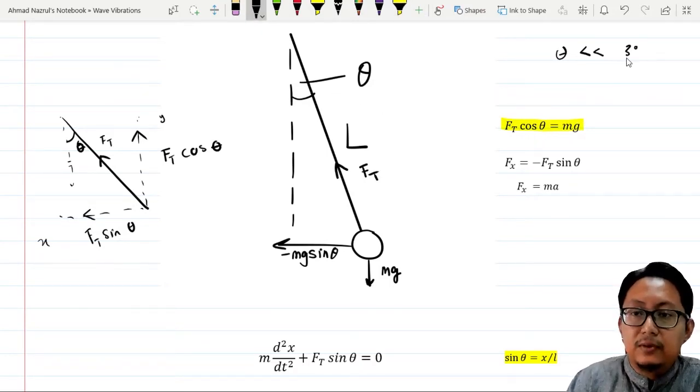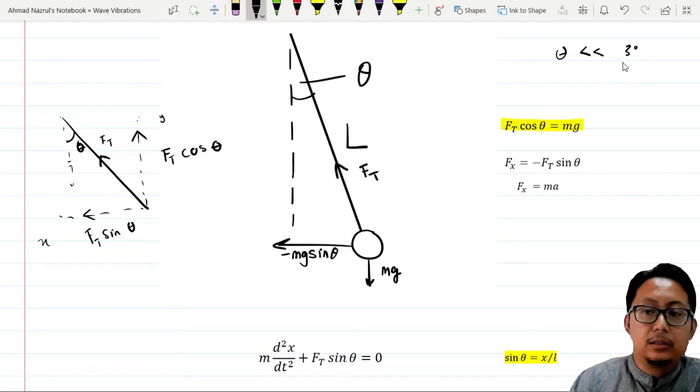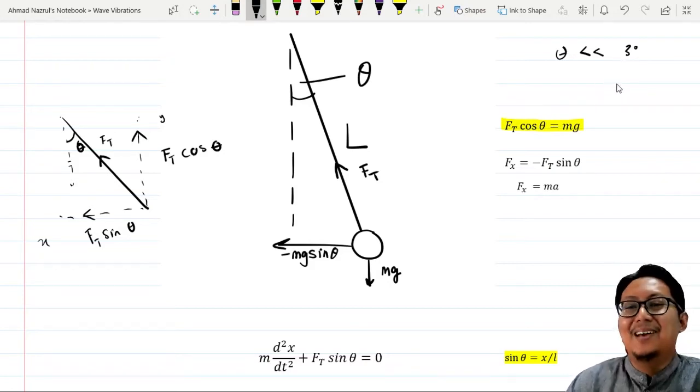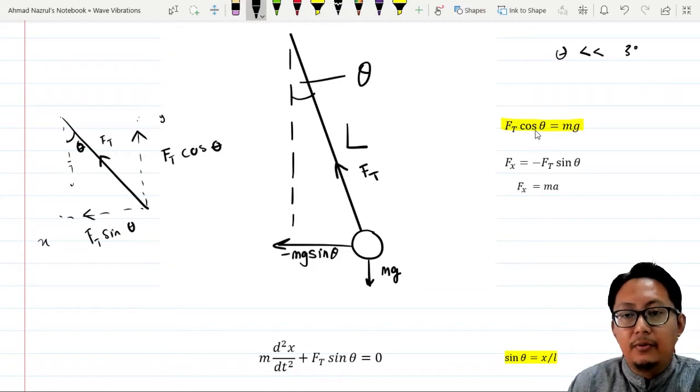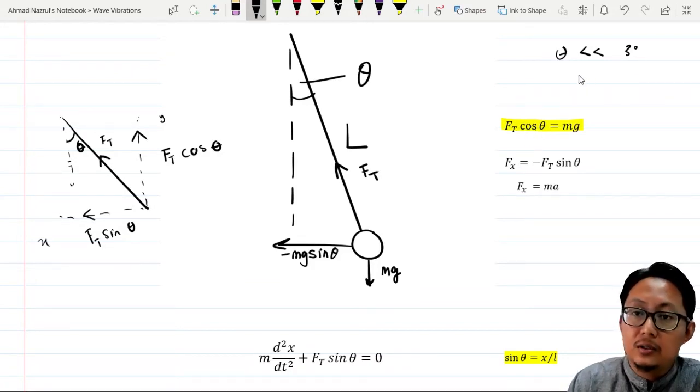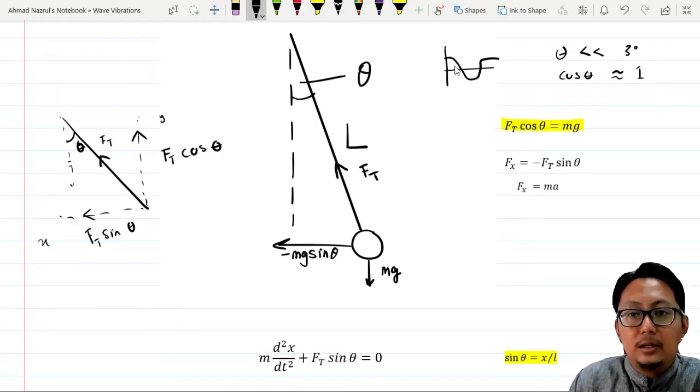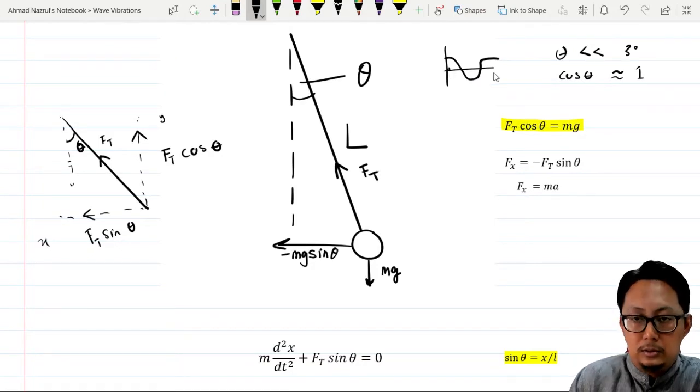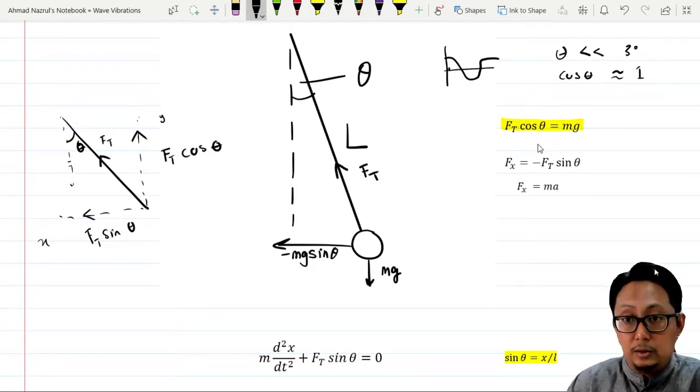Since theta is very small, around 3 degrees, and 3 degrees is very near to 0, cos theta is very near to 1.